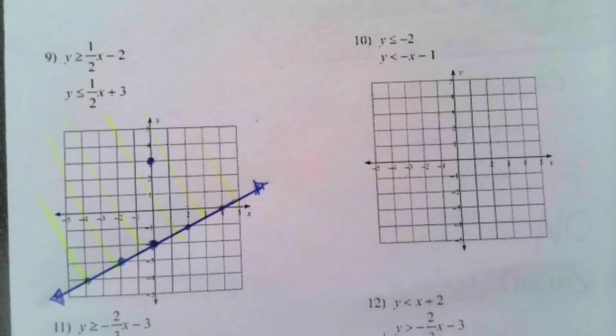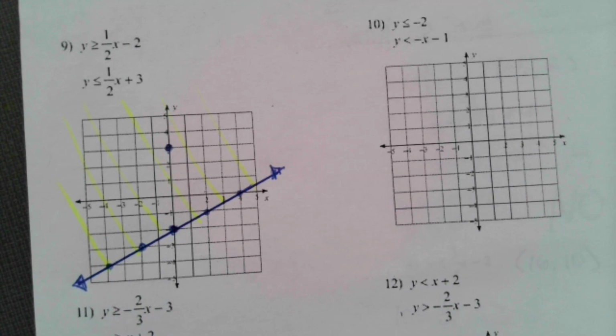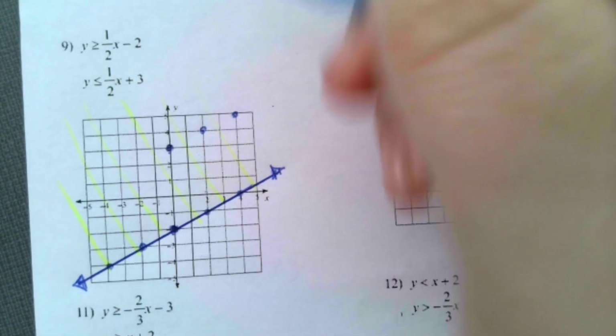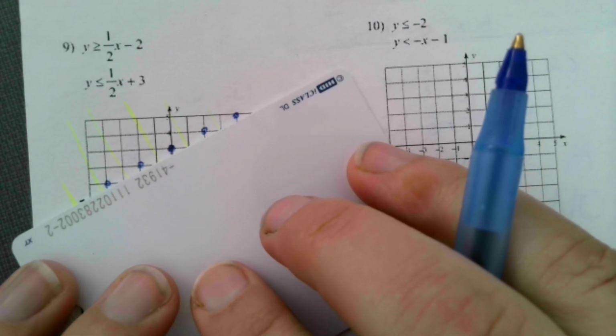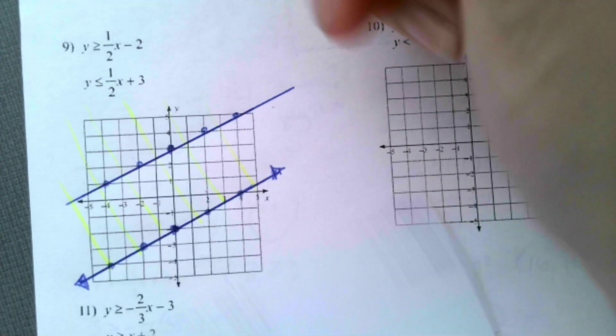What's our slope, y'all? Good. What's the same about these two lines? They're the same slope. What kind of lines have the same slope? Parallel lines. They will never cross.